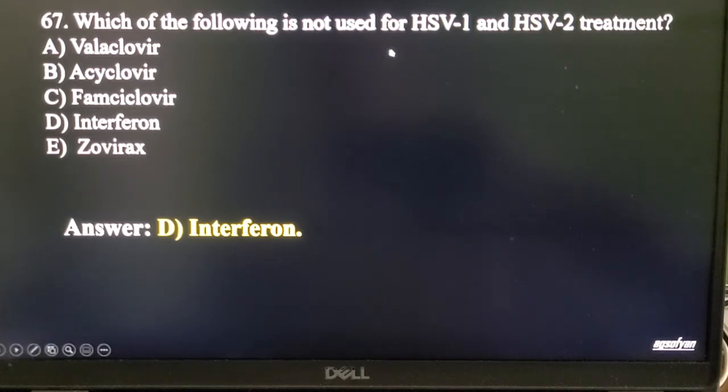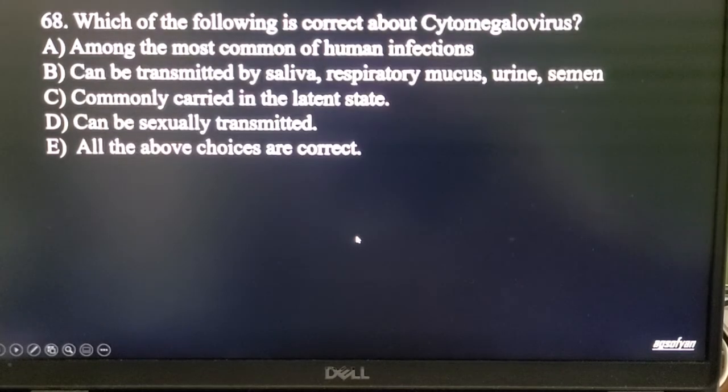Usually for this disease, the treatments that end with -vir, valacyclovir, acyclovir, famciclovir, Zovirax, are used for herpes simplex infection, not interferon. So the answer is interferon.